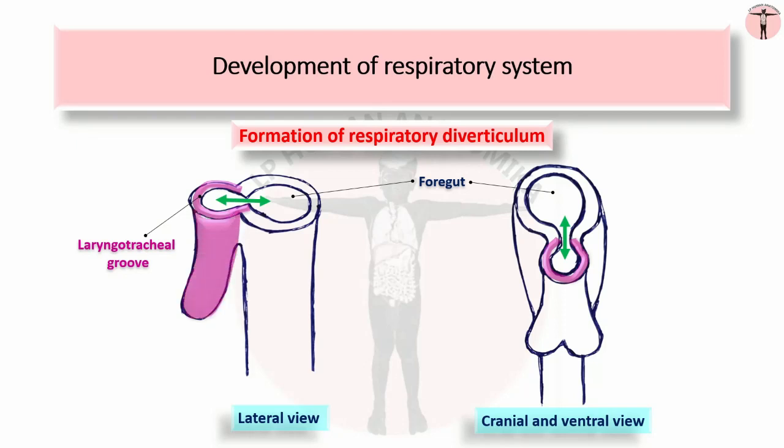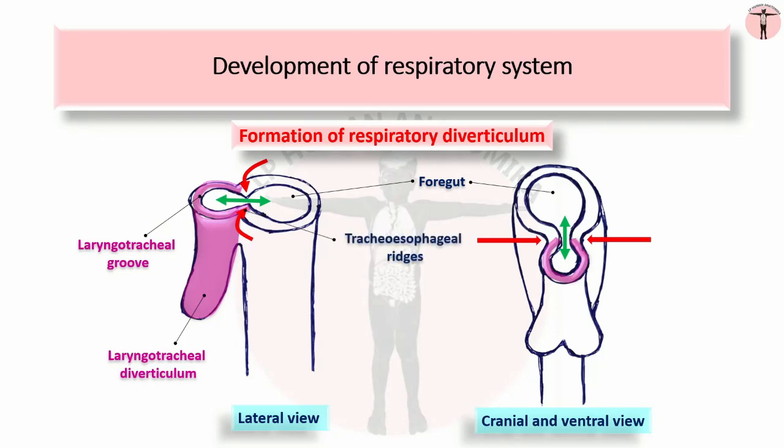Later, the diverticulum develops and extends caudally and is called laryngotracheal diverticulum or respiratory diverticulum. On either side of the groove, two longitudinal ridges, the tracheoesophageal ridges or folds, develop and start separating the diverticulum from the foregut from the caudal aspect towards the cranial part.